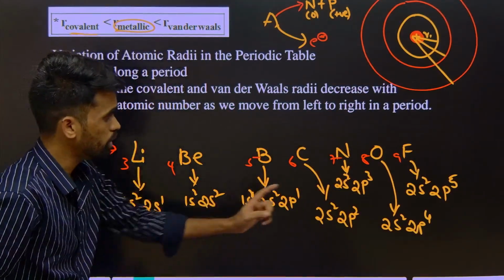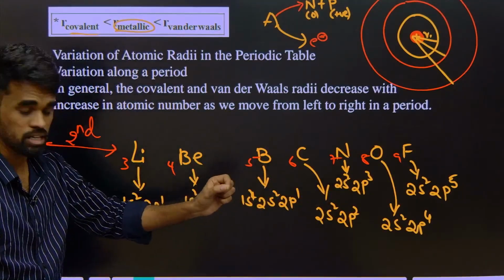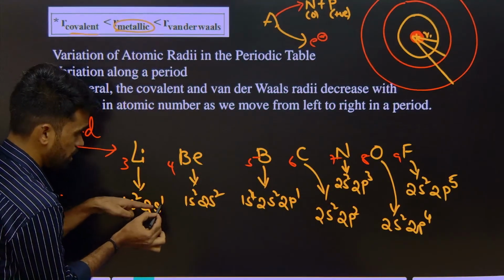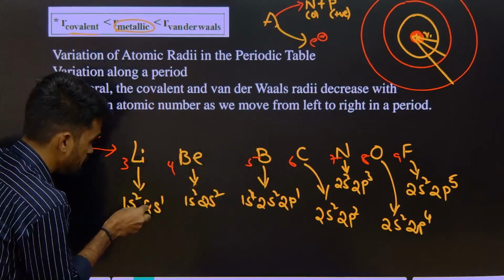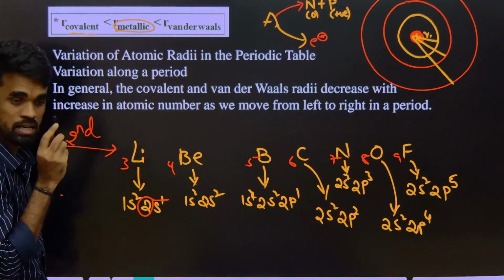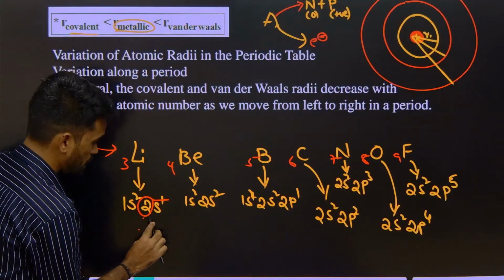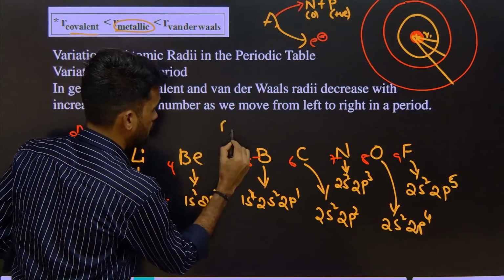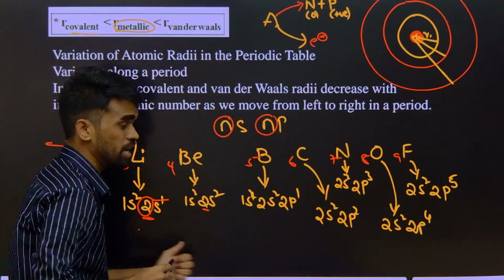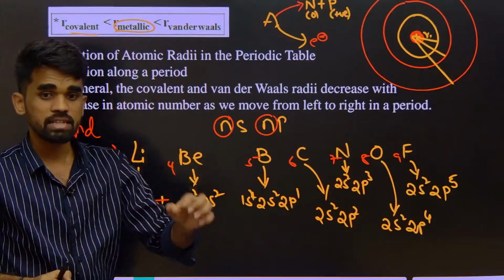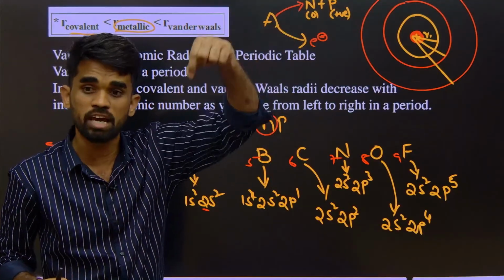Now if you look, the extra incoming electron, see here 1, 2, 3, this new electron is added to the same energy level, the same nth level. Look at the principal quantum numbers, these n values, like ns, np we are writing; their n values are the same in all the cases. It means the electron is entering into the same shell.